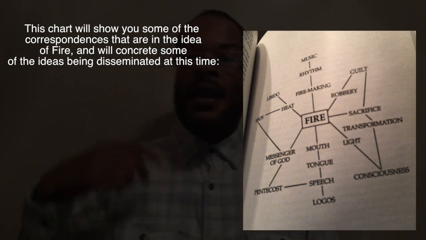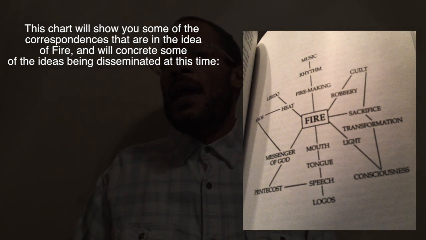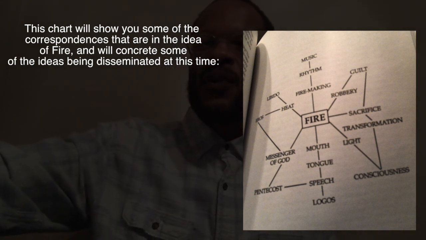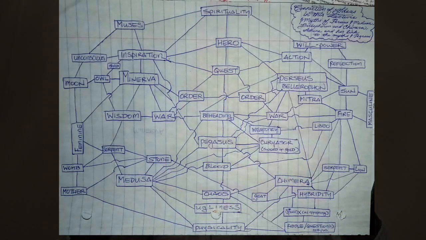I'm also going to put up a flow chart that shows the linking of these ideas. It's amazing, the ideological spider web of ideas that will open up and show you how all of these deities just in this story alone are linked.